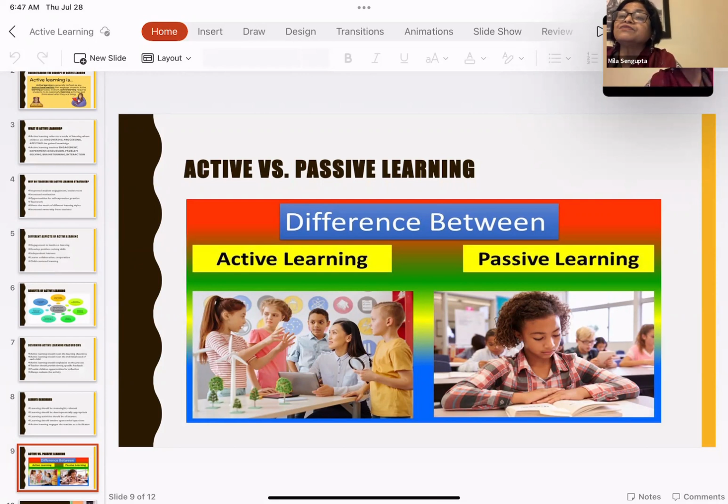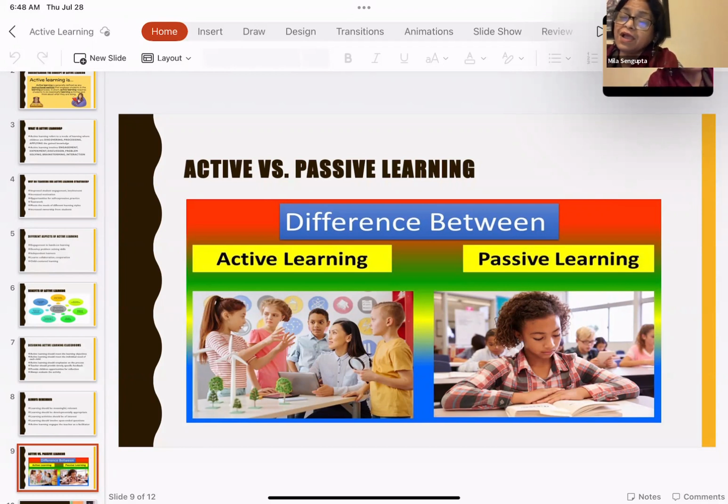So in an active classroom, children are the center. They are the middle of everything, and they participate, and they talk, they express themselves. And that is the significant, main difference between an active learning and a passive learning environment. Your goal as an early childhood teacher should always be to create active learning.